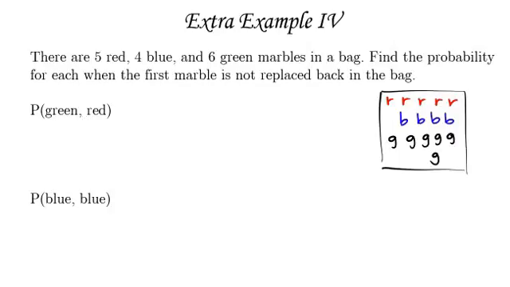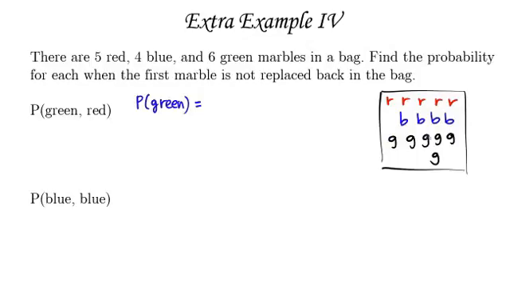So let's first talk about this event, the probability of picking a green. That's our first pick, green. So probability, we look at the desired outcome over the total possible number of outcomes. How many green marbles do I have?